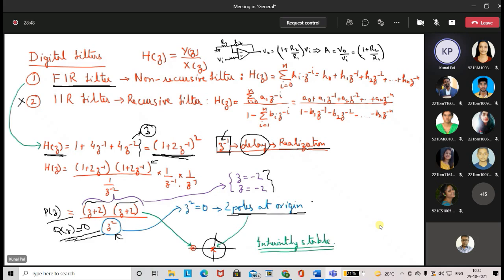The takeout is that the FIR filter will be having poles at the origin, and it is true all the time. All the FIR filters will be having poles at the origin.